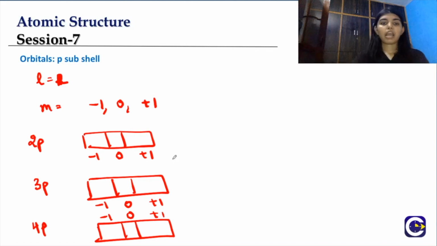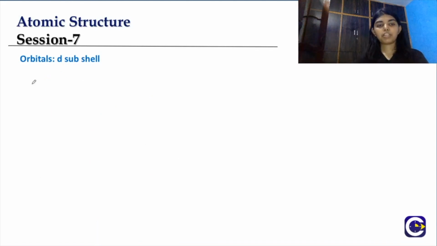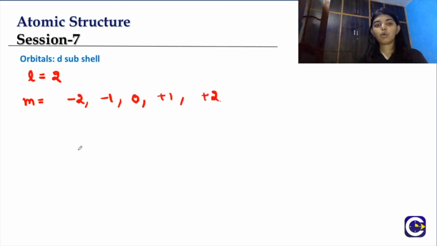Now considering the d subshell, L equals 2. So the possible values of m are minus 2, minus 1, 0, plus 1 and plus 2. There are 5 possible values.